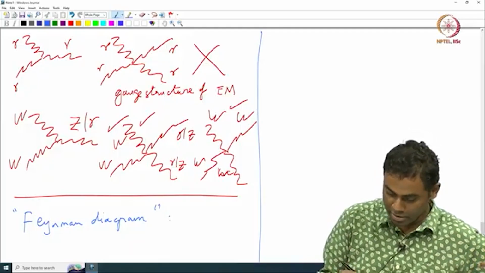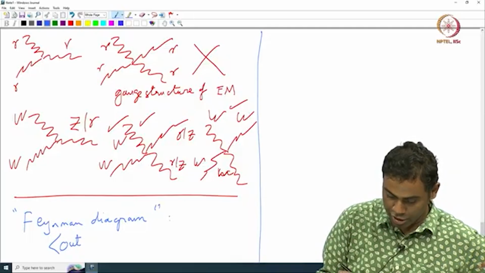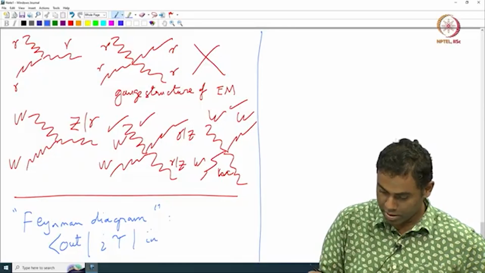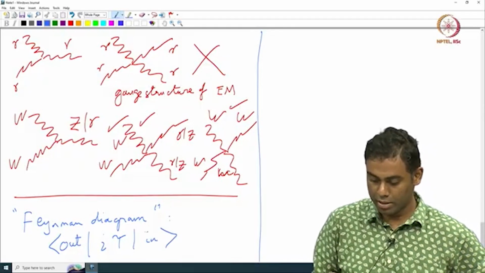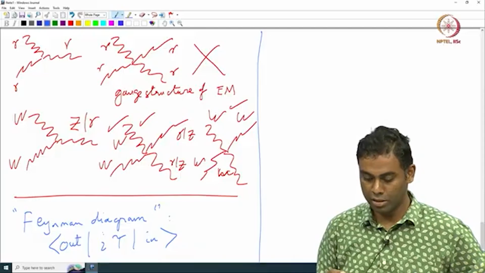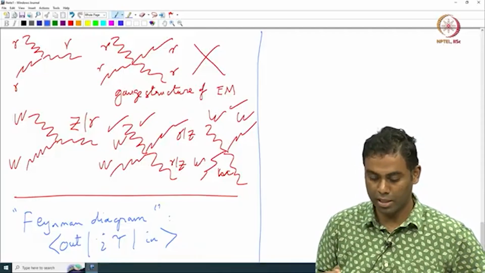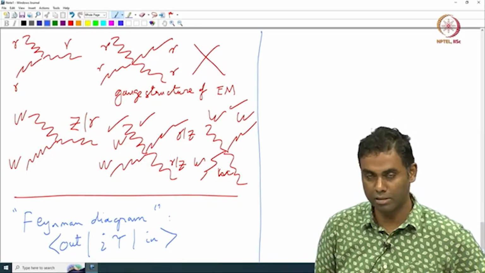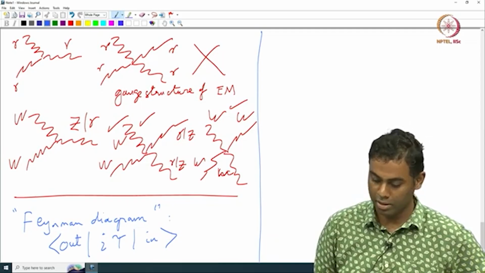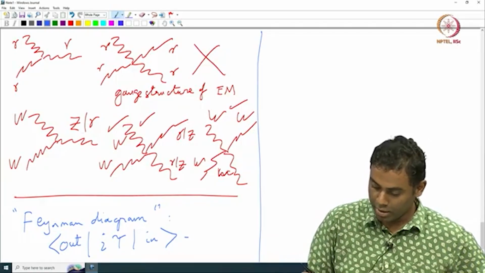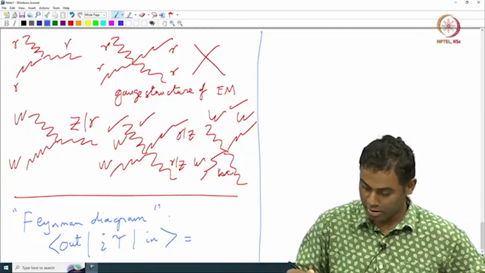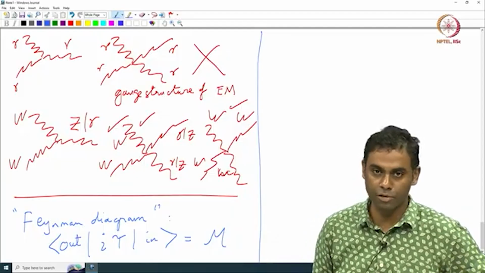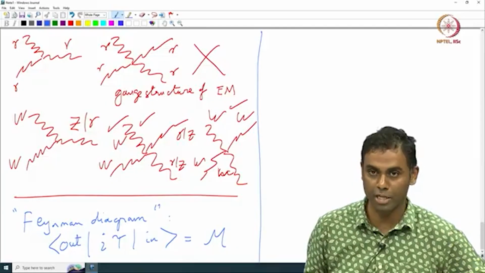So, it represents the transition from some in state to an out state, and I have sandwiched that with this operator, the T standing for transition, right, good, and that is usually denoted by M. M is the symbol that we use for the transition amplitude when we go from some state to another.